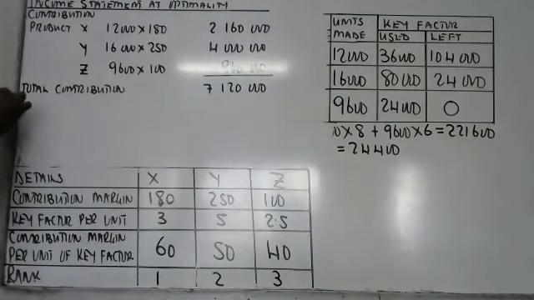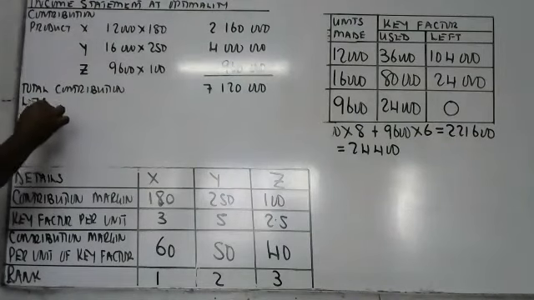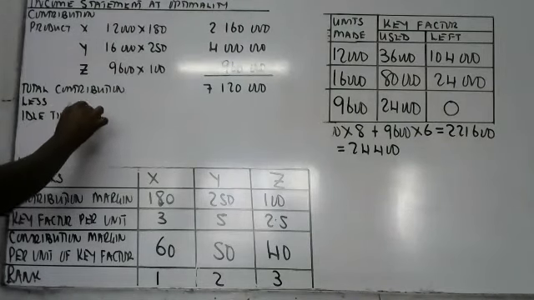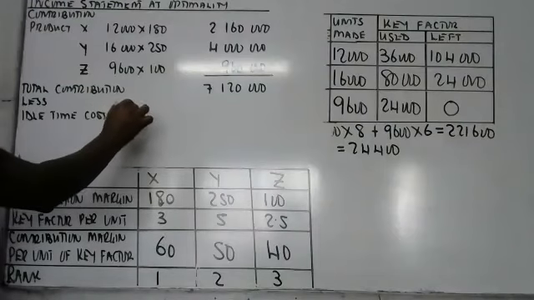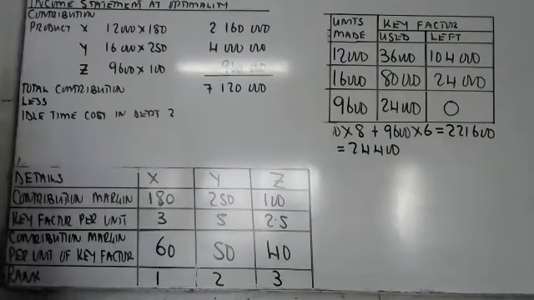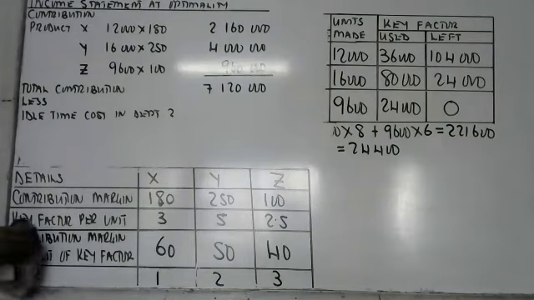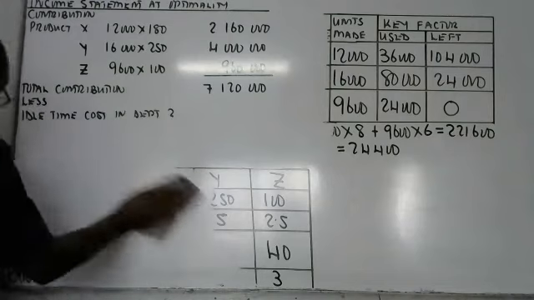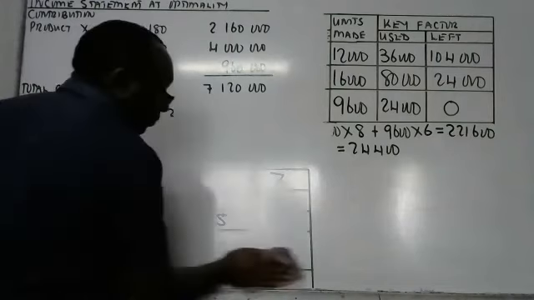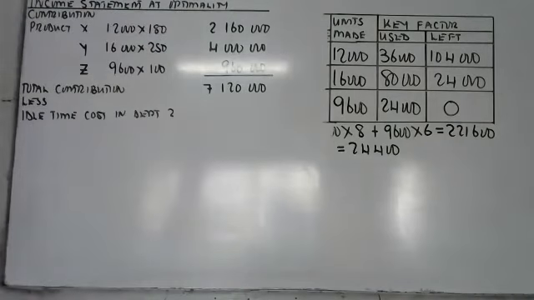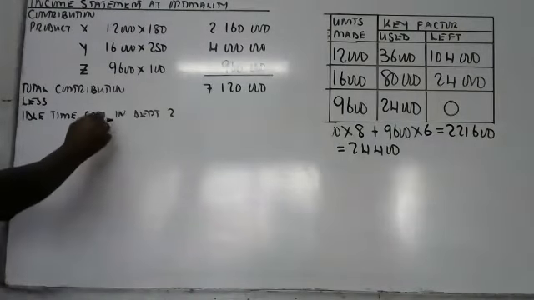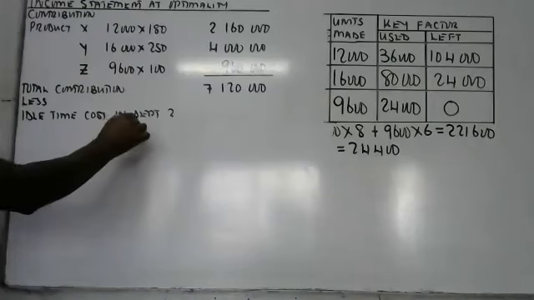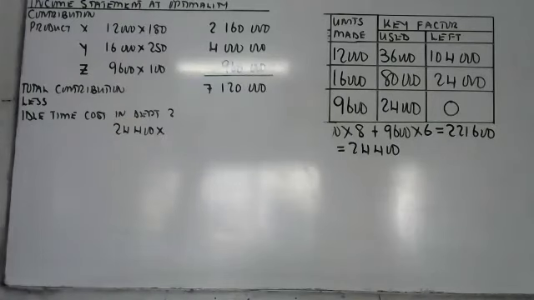Then you less idle time costs in department 2. The idle time costs in department 2 is going to be given as 24,400 hours, and each one we are told is paid at normal rate.